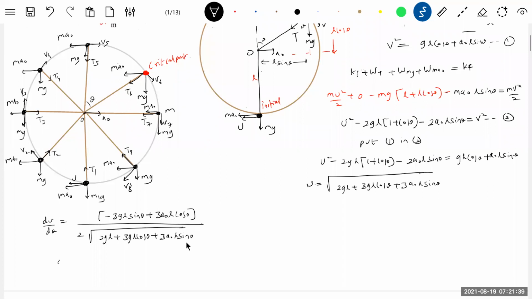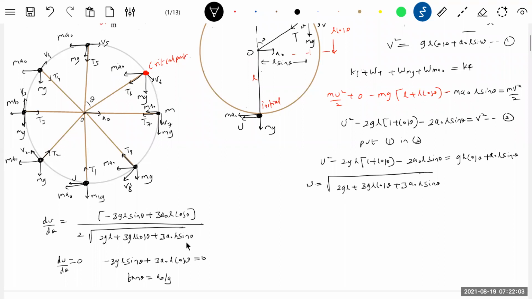This should be equal to 0. So therefore what do we get? tan theta equal to a naught by g. Fine, this angle we will get.